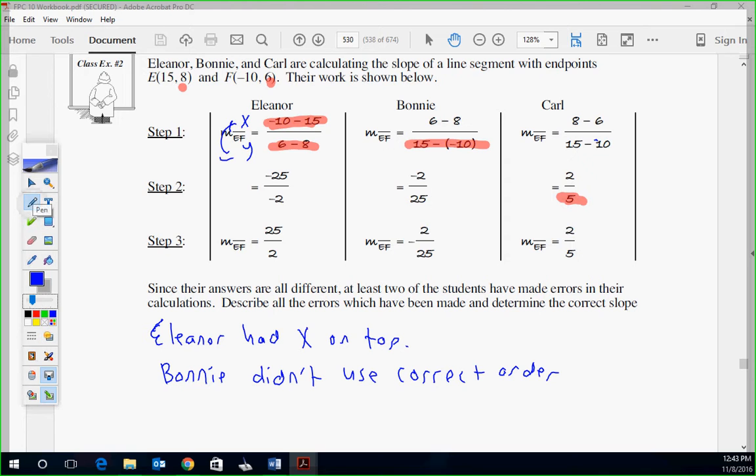So Carl forgot the minus a minus. Since Carl's is the closest, we'll take Carl's and we'll get the right answer. So Carl's is right on the top. It should be a 2, but it should be minus a minus, so it should be 15 plus 10 for 25. So 2 over 25 is the slope of that line.